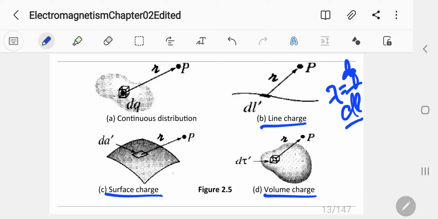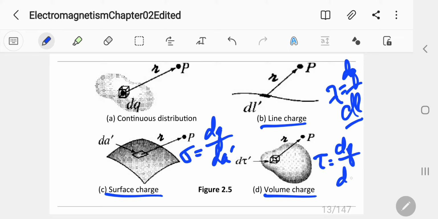For the surface charge distribution, you have sigma, the small charge per unit area, on a small area. And for volume charge density, you have rho, the small charge on a small volume. Sorry, this is rho and this is tau. So there are distributions lambda, sigma, and rho. These things appear later on as we solve some problems.